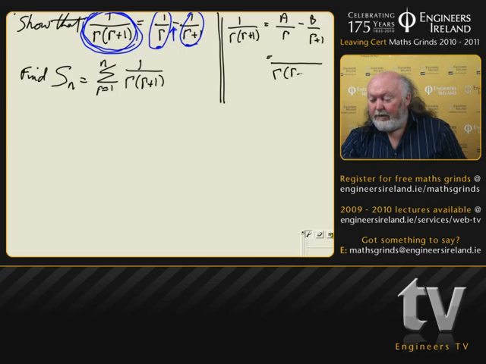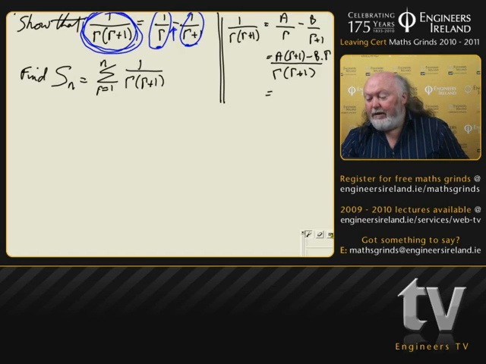You find your common denominator and you cross multiply, so you get a outside of r plus 1 minus b outside of r, and you'll say, how many r's do I have here? And what's my free number?